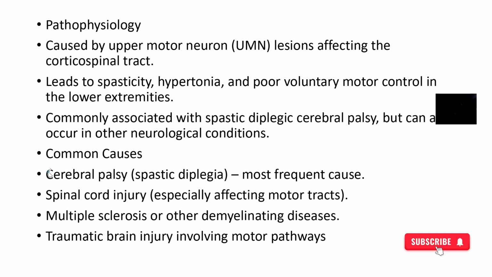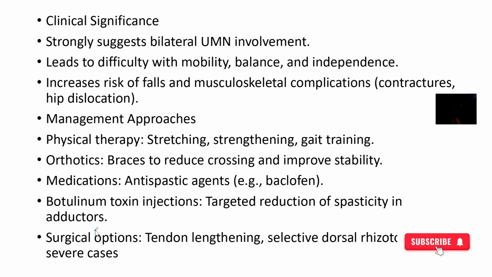Other causes include spinal cord injuries, multiple sclerosis, traumatic brain injuries, and the rest of it. The clinical significance is that it leads to difficulties with movement, and there's an increased risk of the patient falling and having other injuries to their musculoskeletal system.